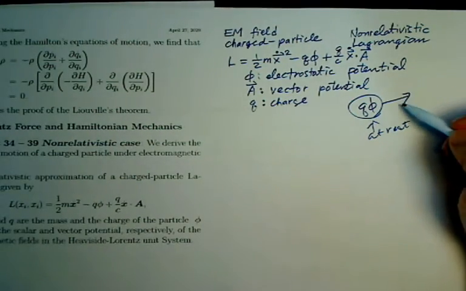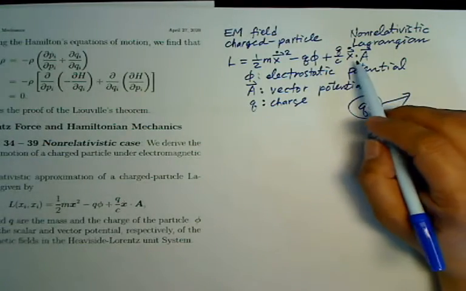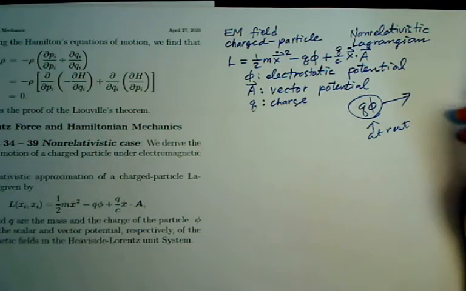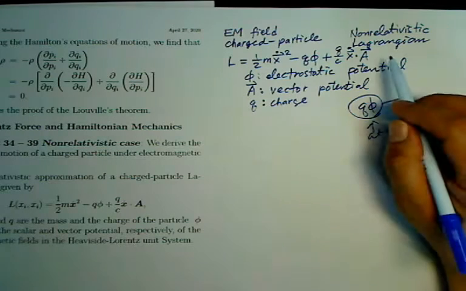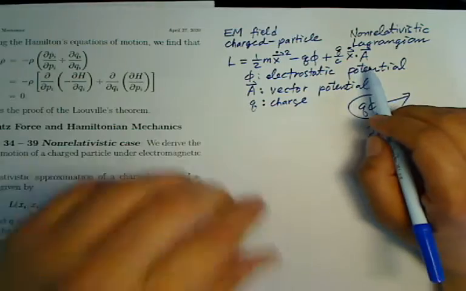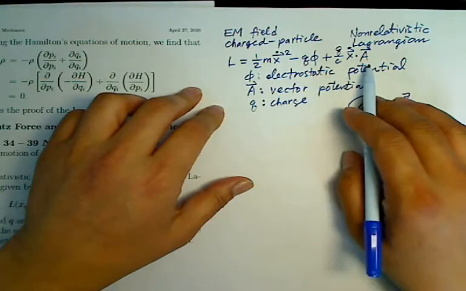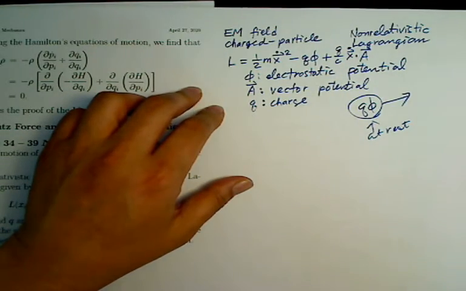We will find that this generates the additional piece that is V dot A style. And right now we want to consider whether this expression is really consistent with the Lorentz force or not.